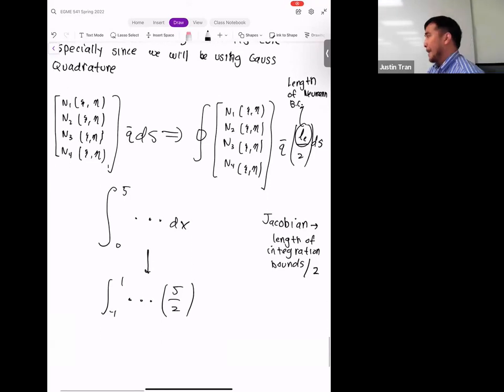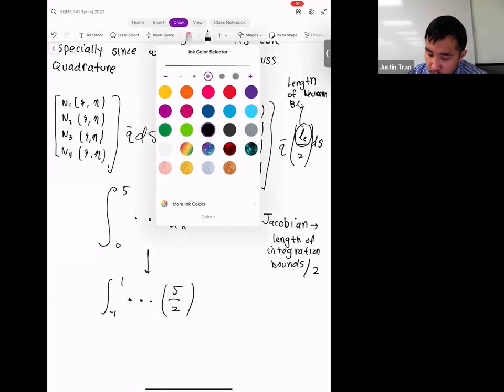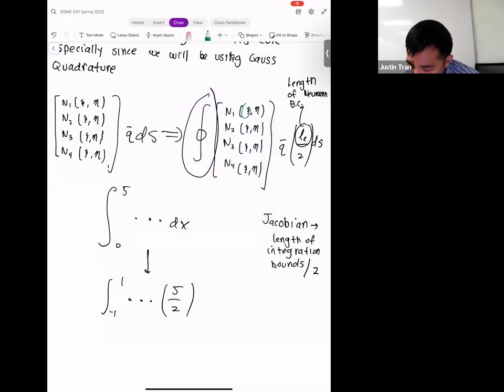But there's a bit of a discrepancy here, because we have just one integral, but we have 2 variables, both epsilon and eta. So the question is, how can we integrate both variables with just one integral?